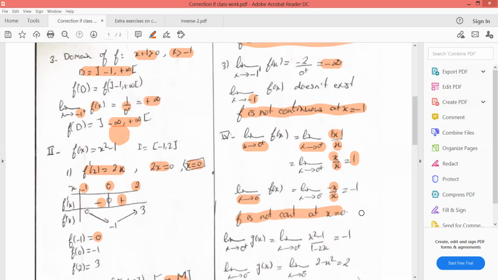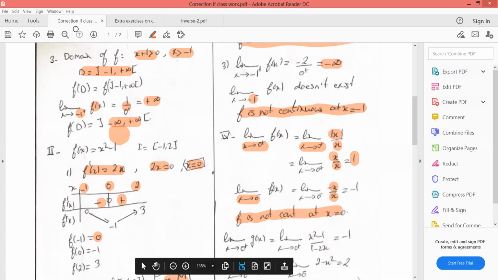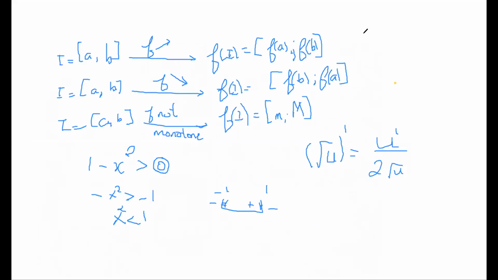No. We took 1 and minus 1, not from the table. This is a different exercise, exercise 4, and that one was exercise 2. What does the absolute value of x equal?